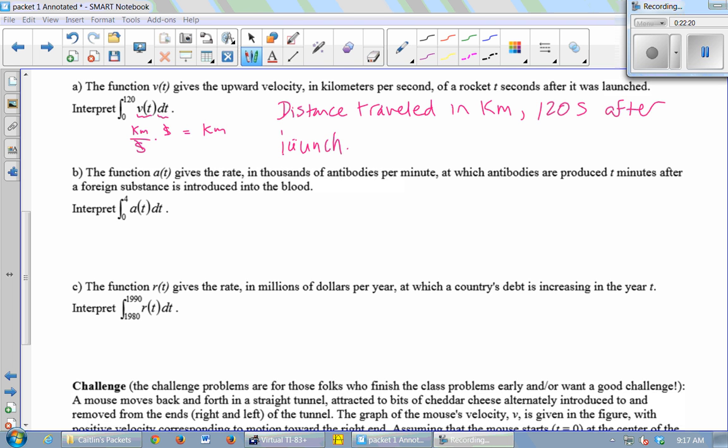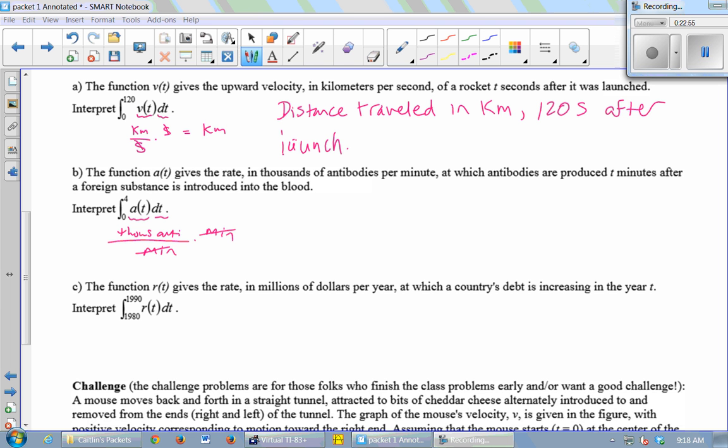All right, so for B, A of t gives the rate in thousands of antibodies per minute. And dt is a small change in time, so that would be minutes. So this integral is measured in thousands of antibodies. And 0 to 4, what does that represent? What do the 0 and the 4 mean? They're minutes, measuring what? Time after the substance is introduced.